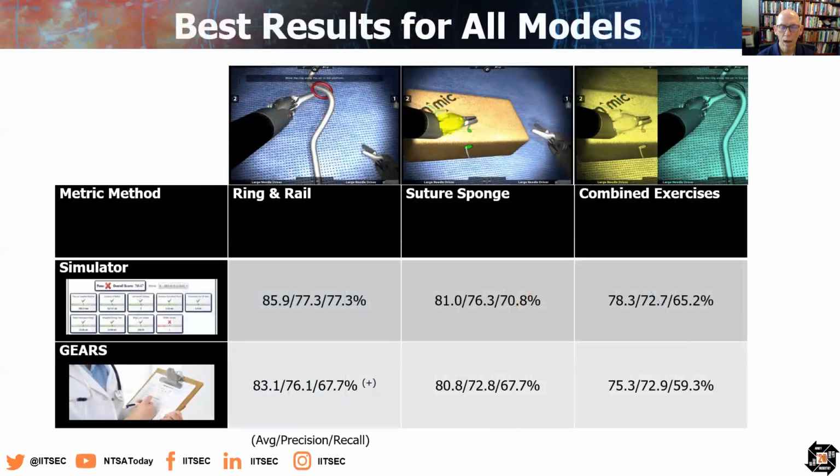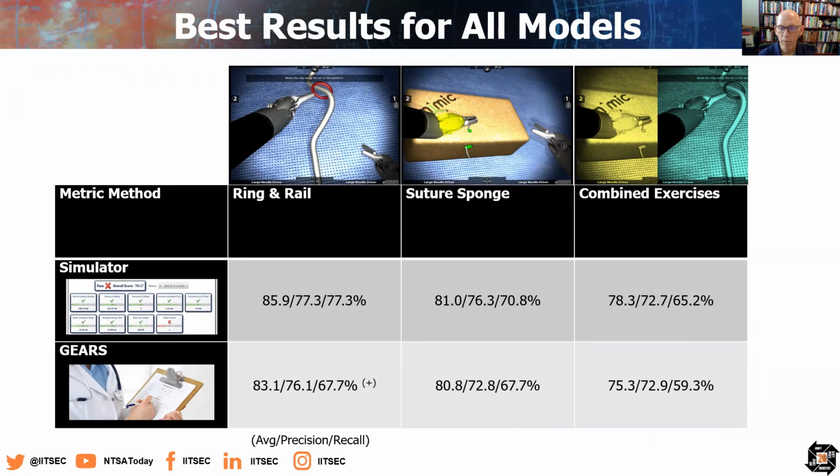We actually ran through the models multiple variations of the data that we had. So as I said, we had videos from the ring and rail exercise, and we had data from the suture sponge exercise. And for each one of those, we had scores from the simulator and scores from a human evaluator using GEARS.